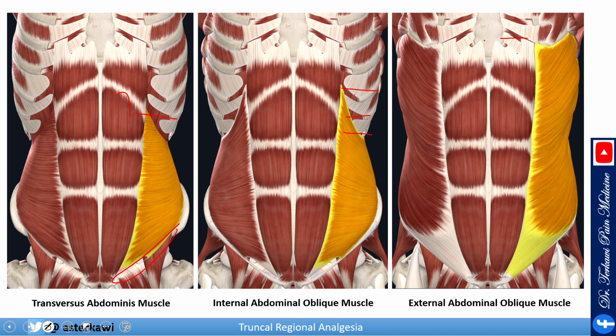And this is important to keep in mind, especially if you are doing an intercostal nerve block or burning the intercostal nerve. If you do more than 3 levels from T7 and below, you are paralyzing these muscles.